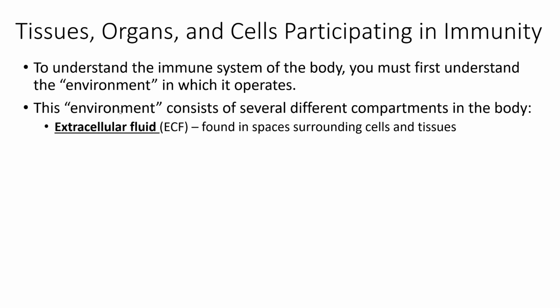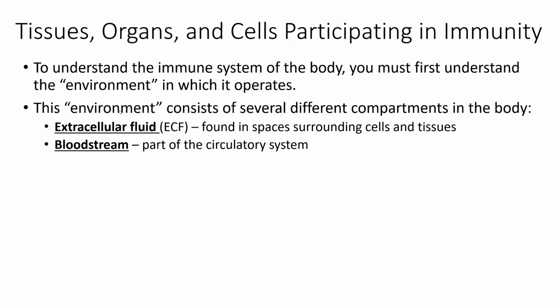So one area would be extracellular fluid, ECF. And this is found in the spaces in between cells. So you have the internal environment of a cell, and then you have an external environment around the cells. And that's one area of an interacting space, environment, extracellular fluid.